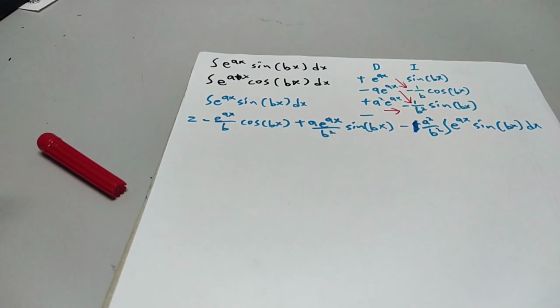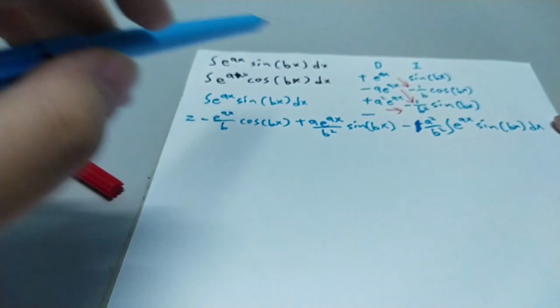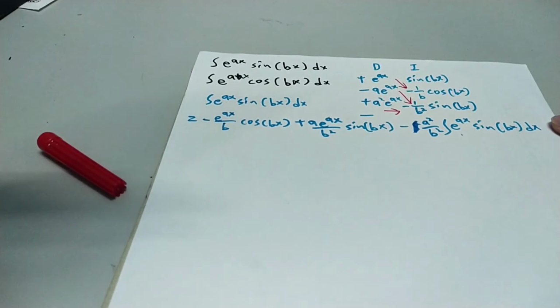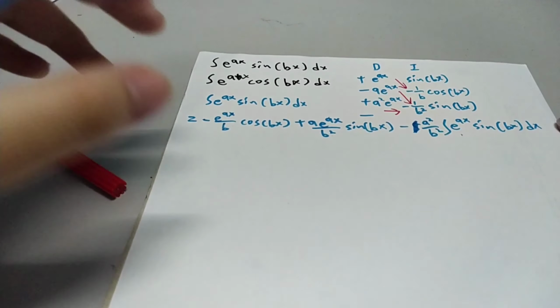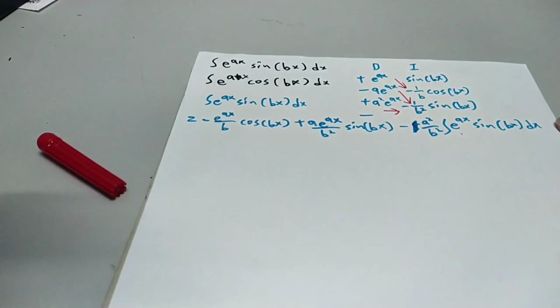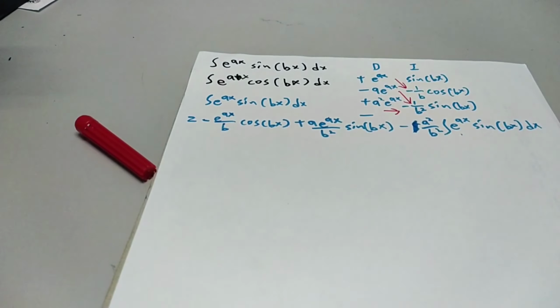And look at what we got here. Since this integral is equal to this one, and we got the integral repeated here, which means we can treat it as an equation. So we can just take this term to the other side, become plus, and these two become like terms.